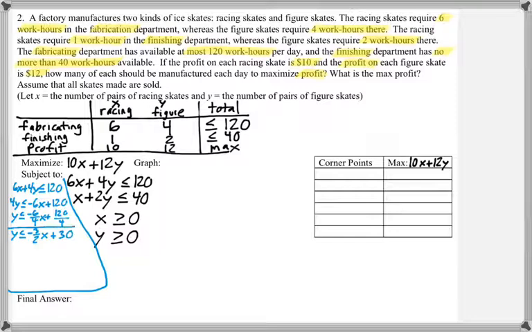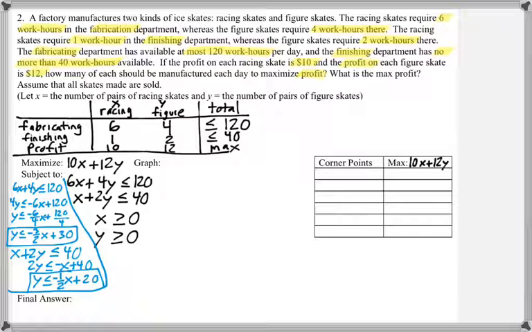So this is one of my lines. And then the other one, x plus 2y is less than or equal to 40. If I subtract x from both sides, and then divide both sides by 2, this will be negative 1/2 x plus 20. So that's the second line that I want to graph.